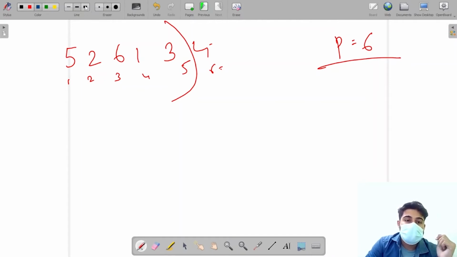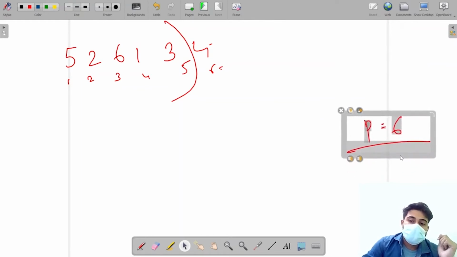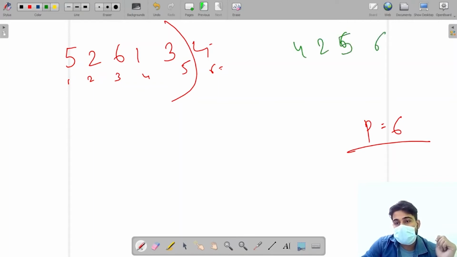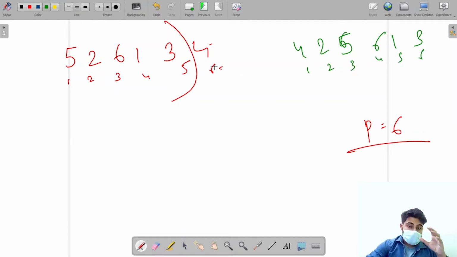Let me write the accurate output somewhere here. The output will be 4 2 5 6 1 3, with positions 1 2 3 4 5 and 6. Now the 6 will come at some position x, which I will easily find with the help of 4.